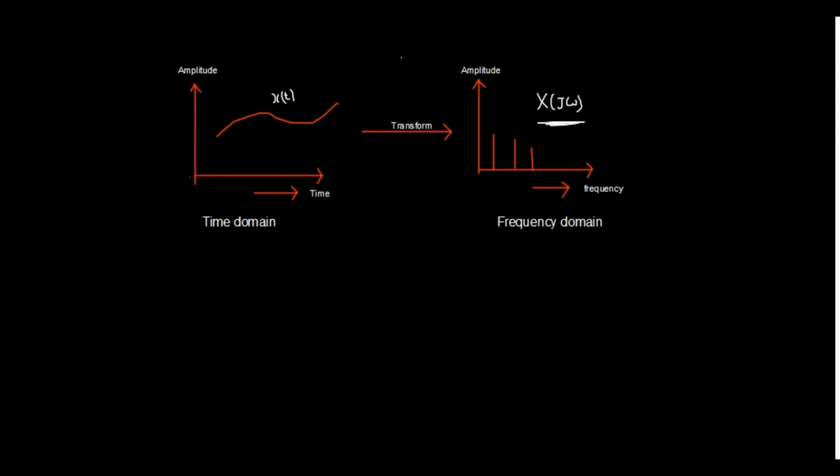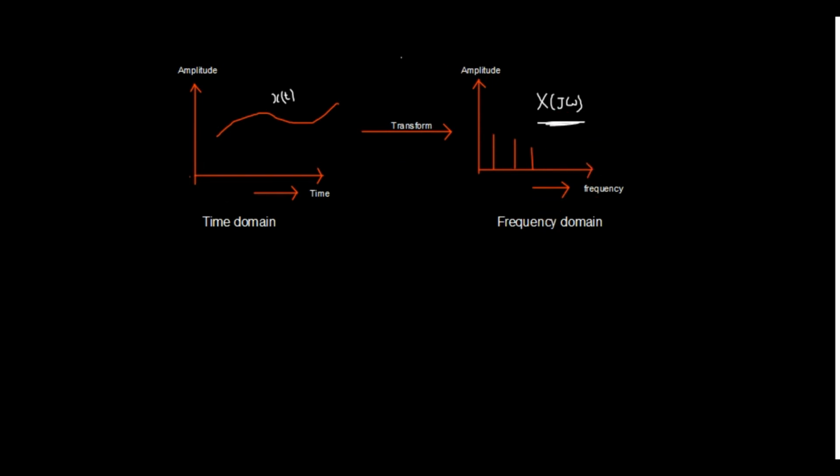If you view the same signal in frequency domain, the x-axis is frequency and the y-axis is amplitude. So if you transform the time domain signal to frequency domain, it will look like this.